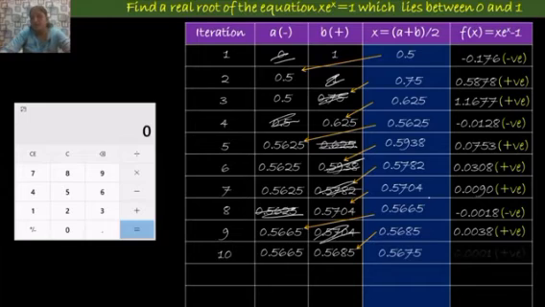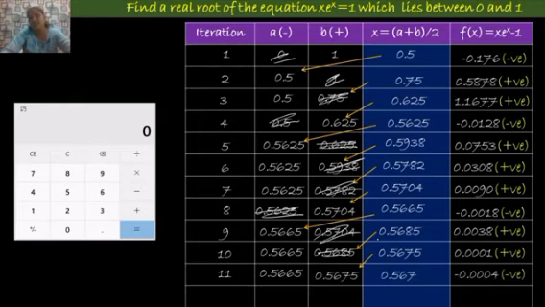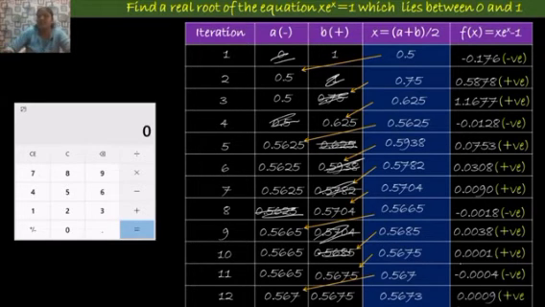Calculate f(x), and again you get a positive value. So again you replace b by 0.5675 and calculate f(x). Here you get a negative value. If it is negative, replace a, and at this point you get 0.5673, and the function value is positive.